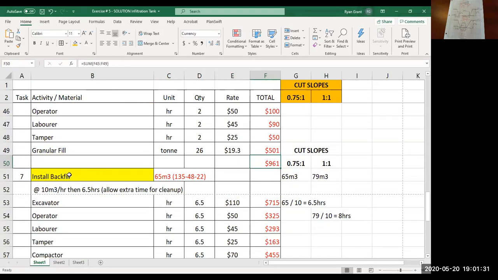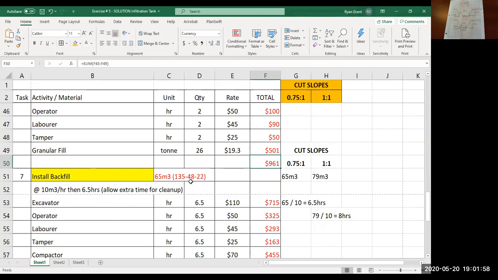Then the backfilling of the native material, which is the balance of the excavated. You've hauled some off. What is remaining, you will put back into the hole after you put the infiltration tank in with the gravels. Using the 3/4 to 1 excavation volume, we had 135 cubic meters of overall excavation.